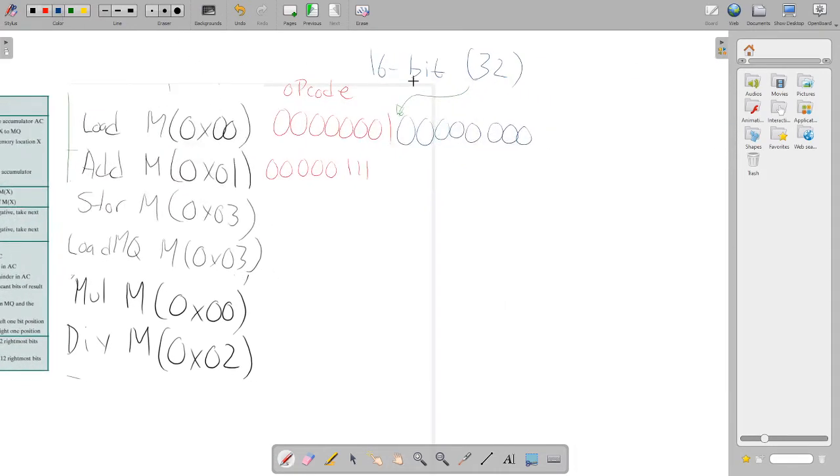And then this is the operand. I'm writing in colors, but these are conjoined. Realistically, it would just be one 32-bit bit string. And then the memory address is 0 0 0 0 0 0 1 2 3 4 5 6 7 8.